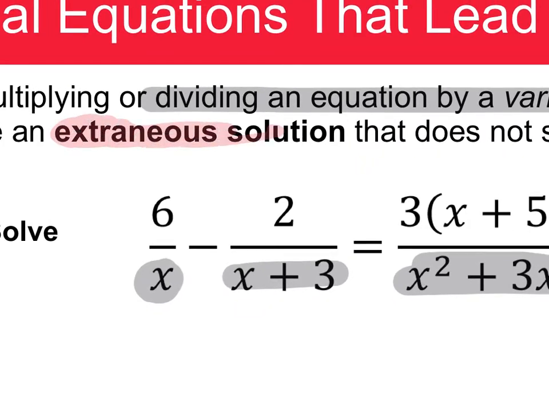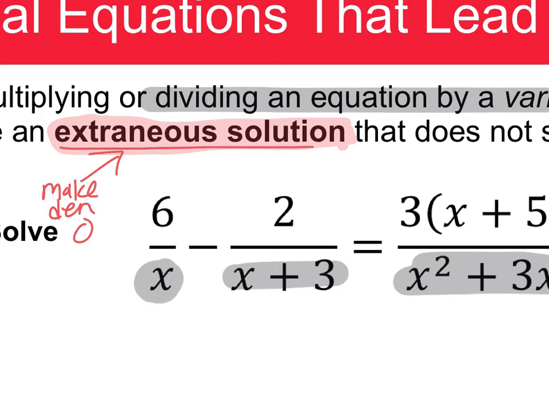Hopefully that word sounds familiar because you've done this before and you've talked about these. Extraneous solutions make the denominator 0, and we cannot divide by 0. So we never want that denominator to be 0.